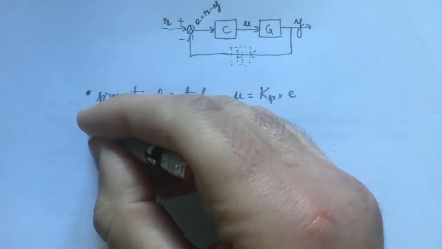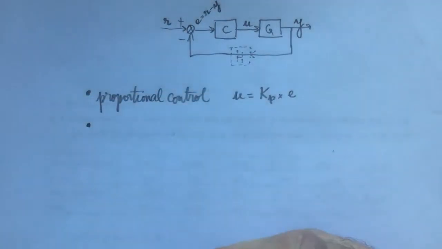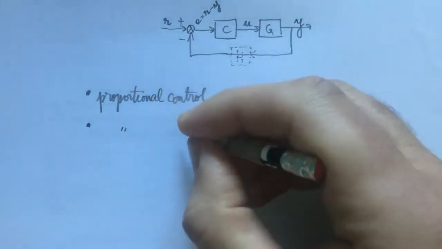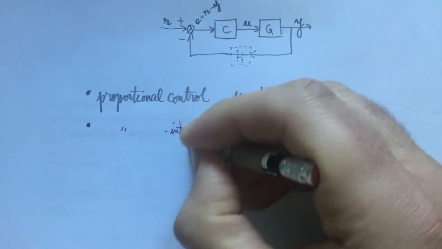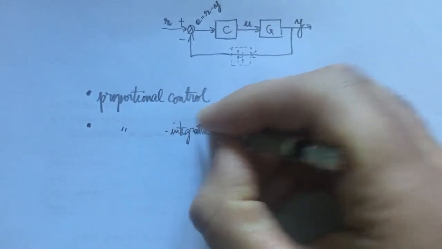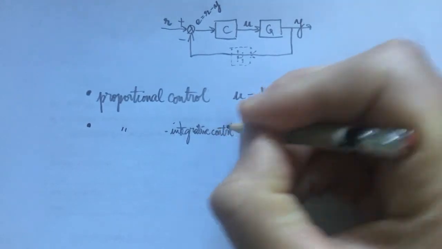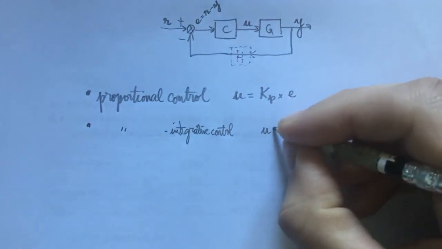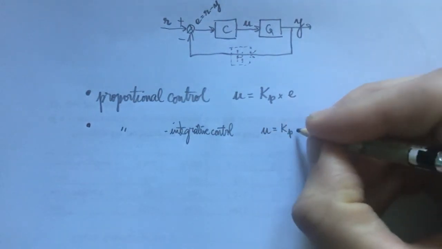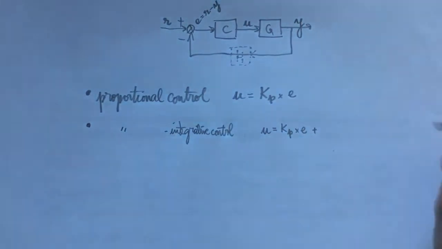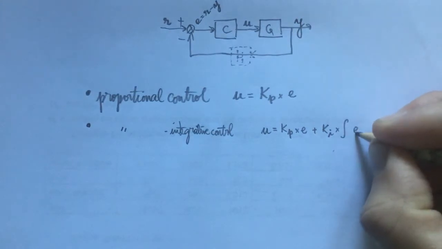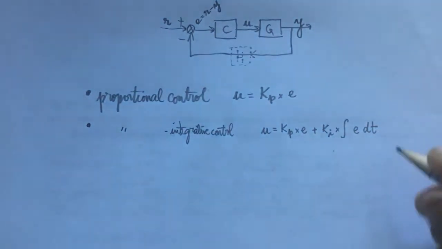This type of control is sometimes enough, but sometimes it is also necessary to add a further term, and we will thereby get proportional integrative control. In proportional integrative control, or proportional integral control, the control action is proportional to the error, but then we add another term which is proportional to the integral of the error over time.